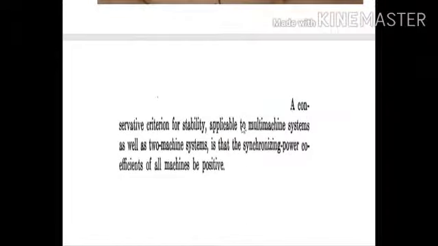And if the synchronizing power coefficient is greater than 0, that is positive, the system is said to be stable. So in short, the conservative criterion for stability, applicable to multi-machine systems as well as two-machine systems, is that the synchronizing power coefficients of all machines be positive.